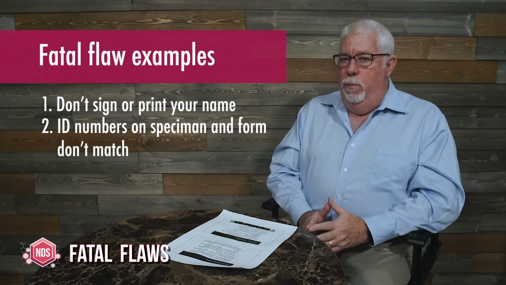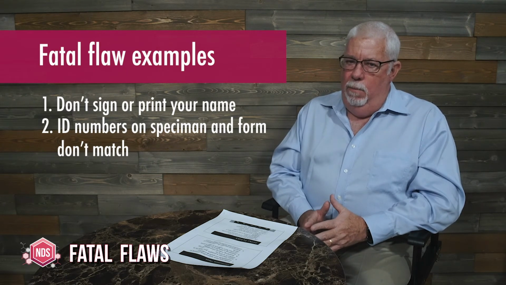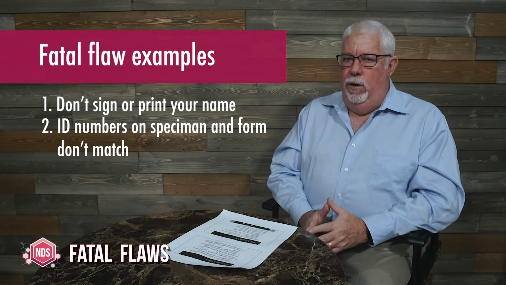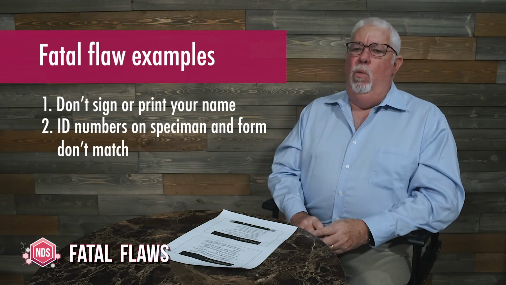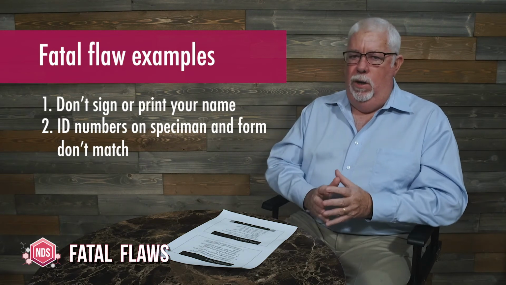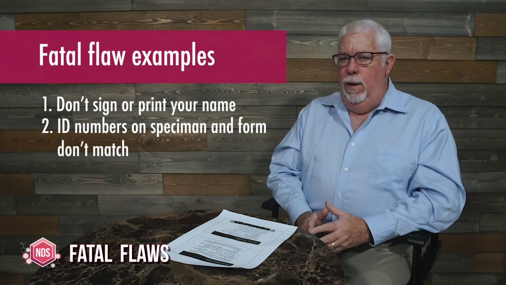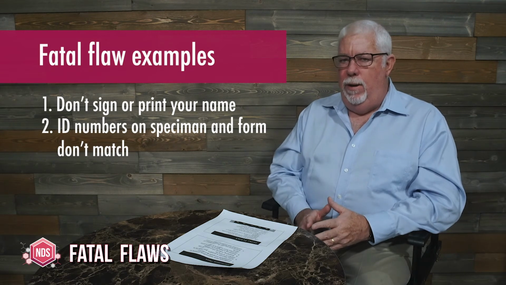It could be a printer mistake, but that's highly unlikely. One time we see this happen is when a collector is doing more than 1 collection at one time, which should never be done. Always 1 collection at a time, and then there's no reason why the specimen ID number on the security seal would not match the one on the custody and control form.